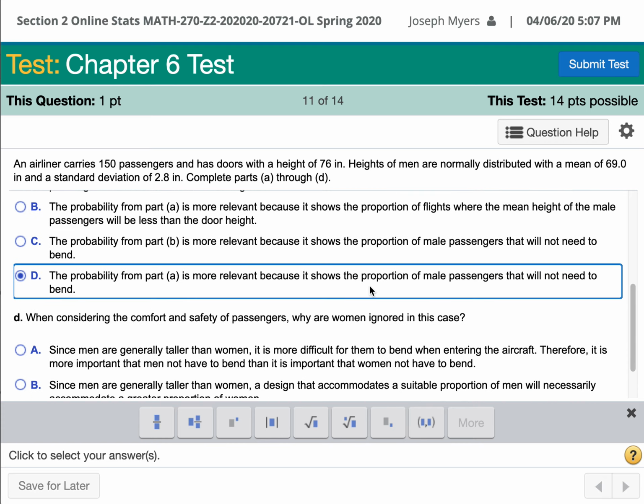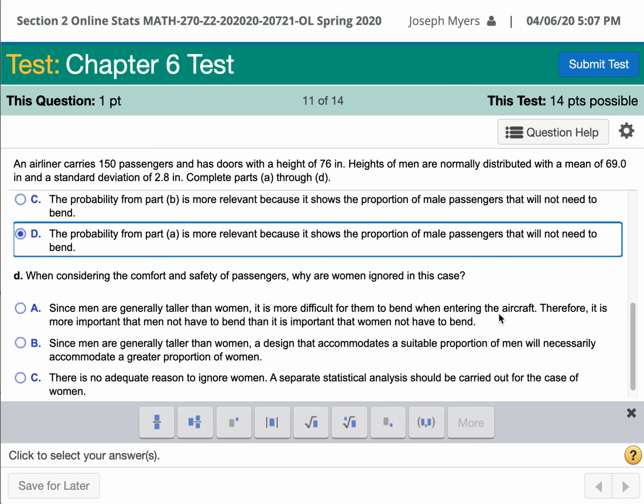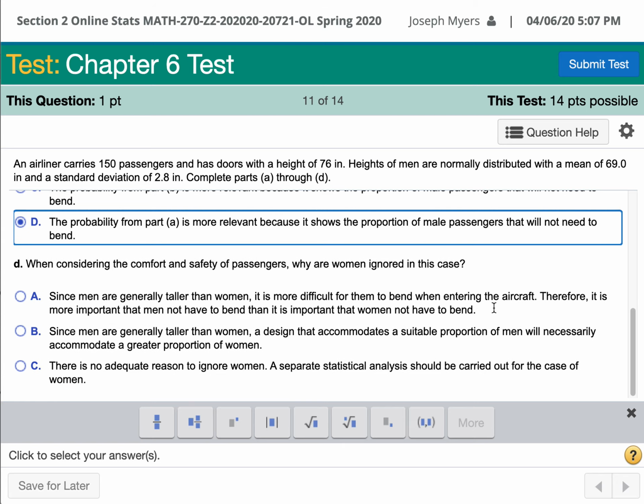And when considering the comfort and safety of passengers, why are women ignored? Well, in general, and this isn't always true, but generally men are taller than women. So a design, let me finish reading through them.